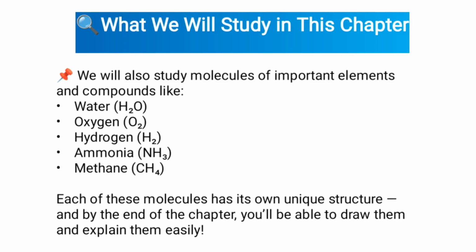Also, we will study molecules of important elements and compounds like water, oxygen, hydrogen, ammonia, methane. Each of these molecules has its own unique structure, and by the end of the chapter, you will be able to draw them and explain them easily.